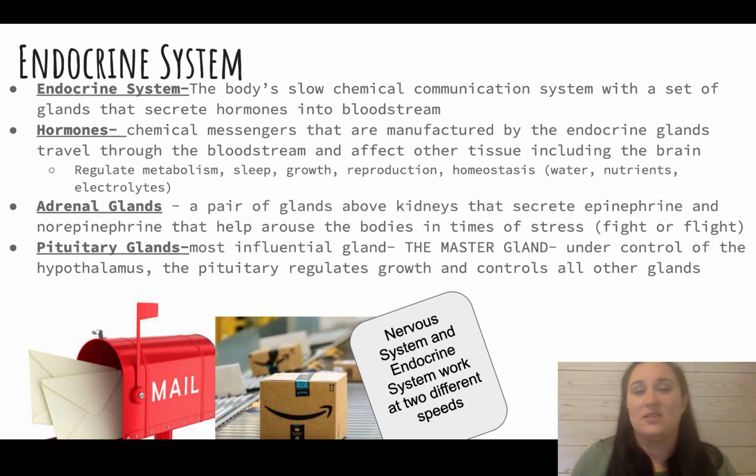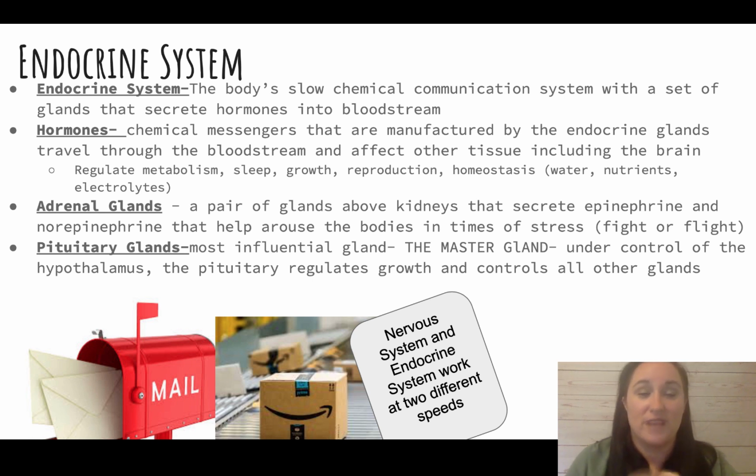So it's going to take longer, but also because it's secreting hormones into our bloodstream, it also takes longer to leave the system. Whereas the parasympathetic and the sympathetic can kick in super fast and be gone super fast, hormones stay with us a little bit longer.